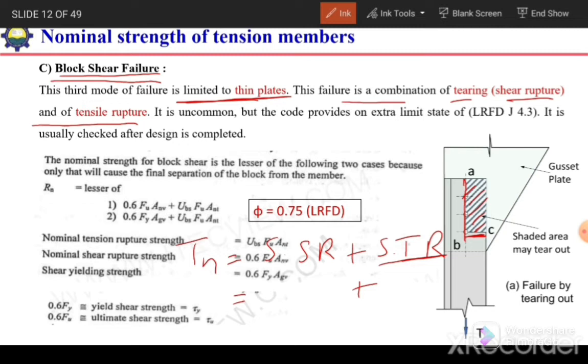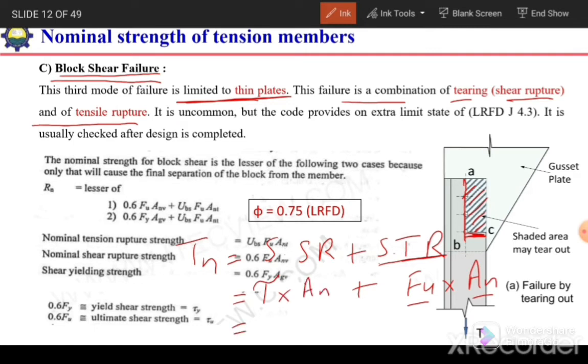It will be equal to Fu times An, the net area, sorry, not the effective area. When we study the concept of effective area, this will be clear to you. So the strength corresponding to tension rupture will be equal to Fu times An, and the strength corresponding to shear rupture will be equal to tau, meaning shear strength, times the net area, right?